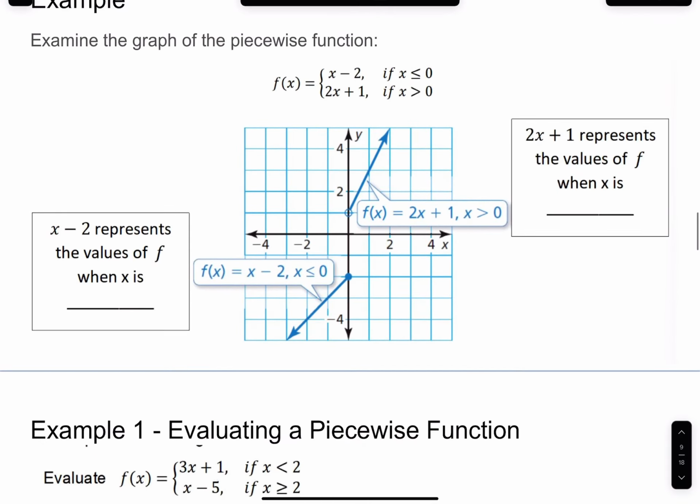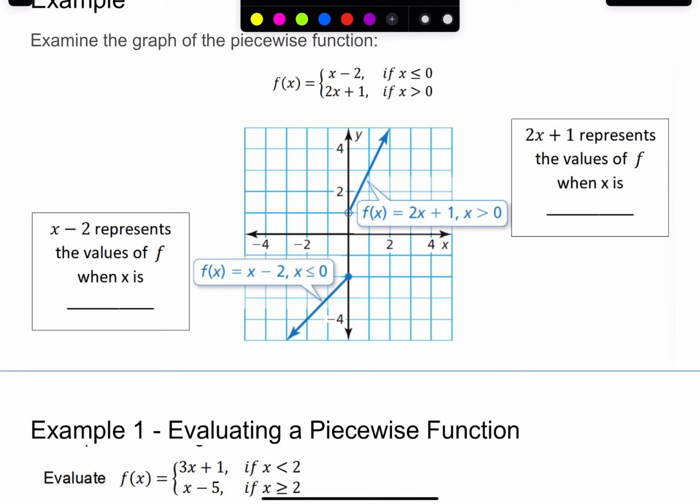So looking at this example function, we've got f of x equals x minus 2 if x is less than or equal to 0, which I'll highlight here for you. That's this line. And then we have 2x plus 1 if x is greater than 0, which is this line right here.